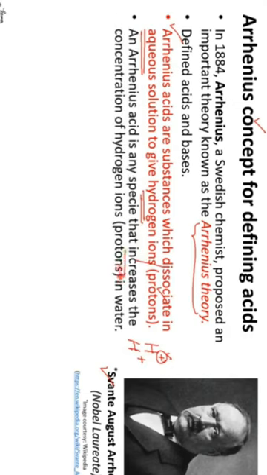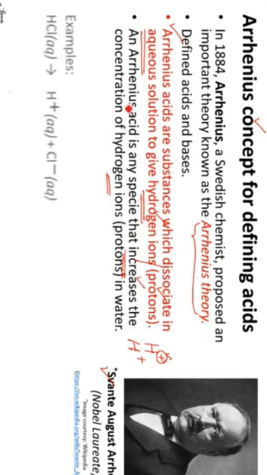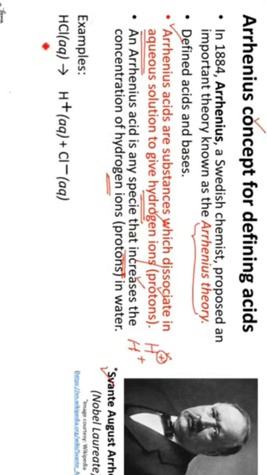So an Arrhenius acid increases the concentration of hydrogen ions in the presence of water. As you put the acid in the water, it increases the concentration of hydrogen ions. Let us understand by taking an example. HCl (aq), the aq in the bracket, means we are going to put the acid in the water.